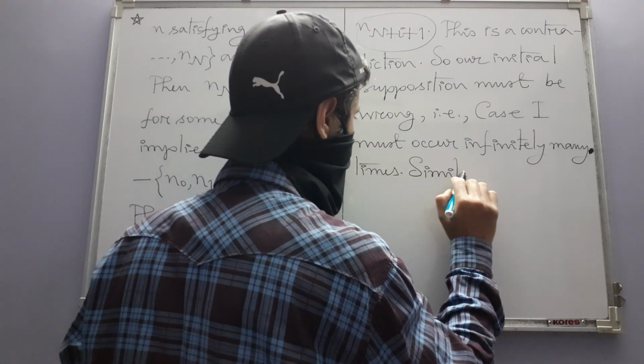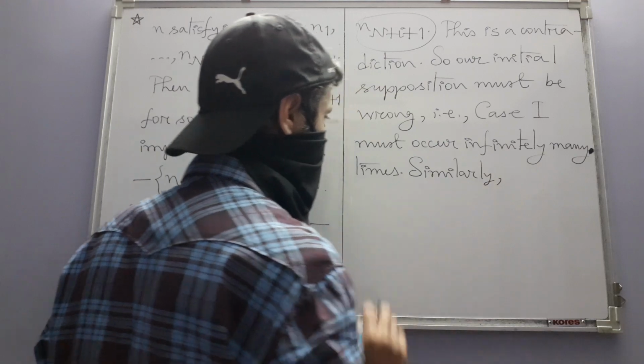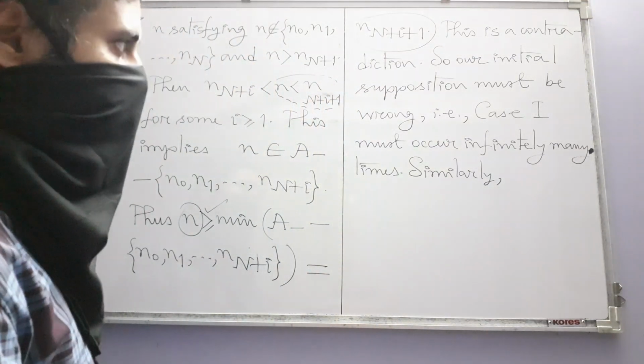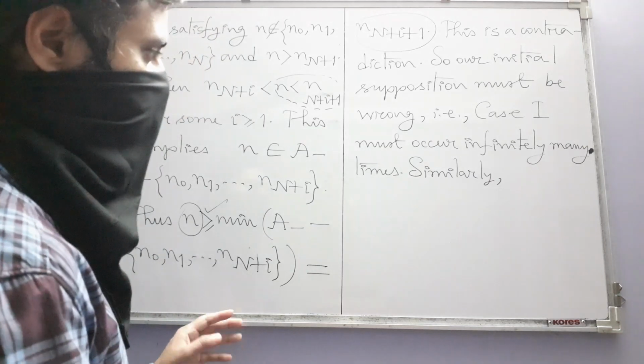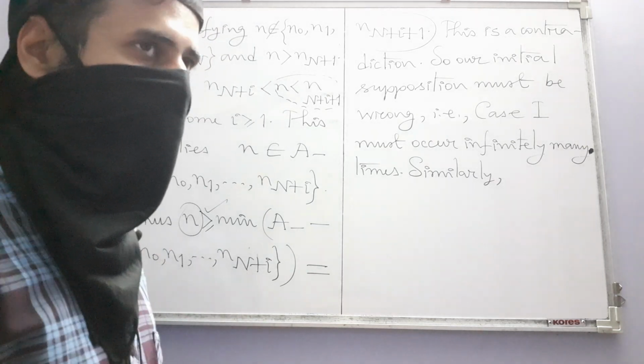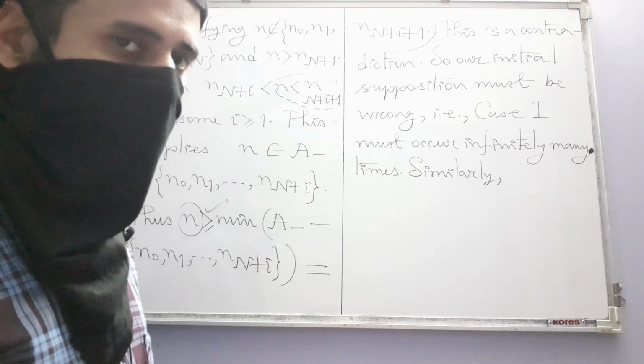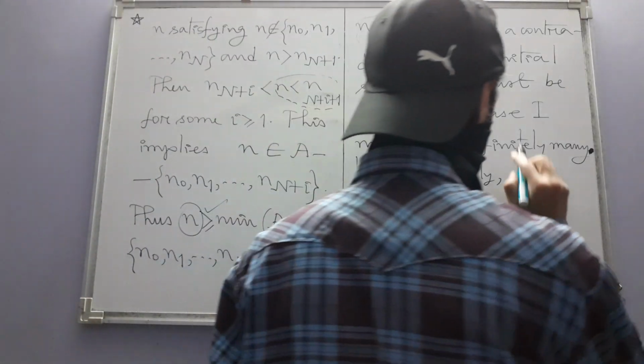Similarly, you can understand that exactly similarly one can prove that case 2 also occurs infinitely many times. You just have to switch the roles of A plus and A minus and all the other things.